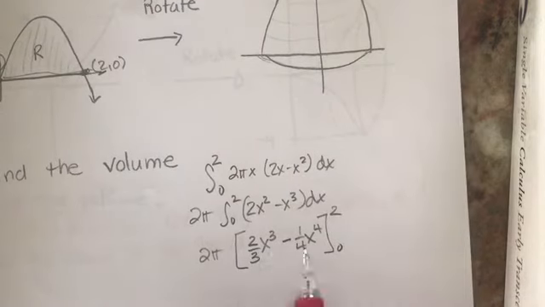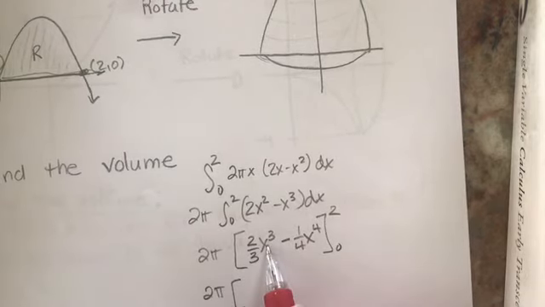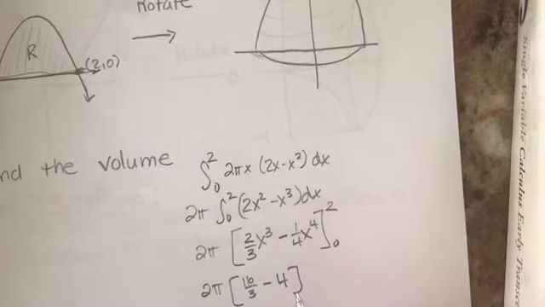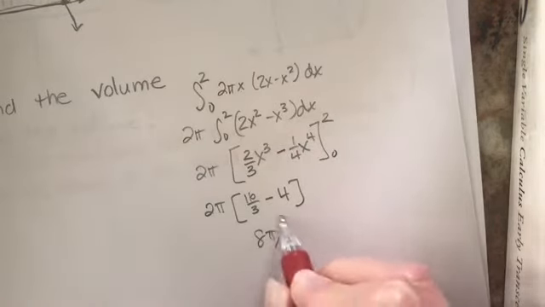Notice when you plug 0 in, this will just be 0. So all you have to really do is evaluate this at 2. So 2 pi times 2/3 times x to the third would be 16/3 minus, if you plug in a 2 right here, it'd be 1/4 of 16, which is 4. And then you can figure out that it's 8 pi over 3.